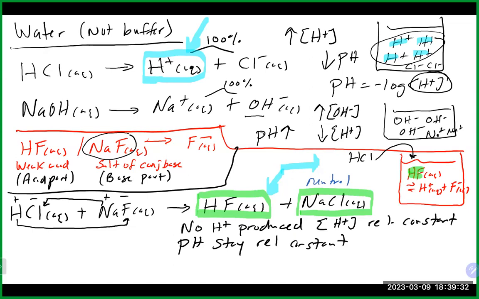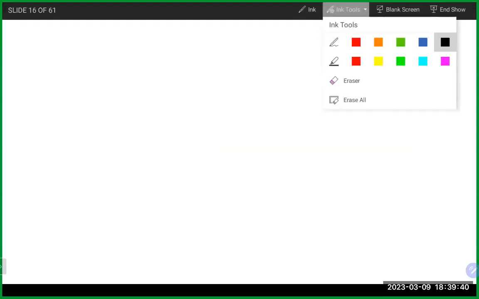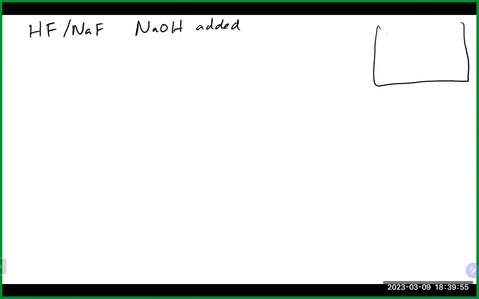So let's take a look at what would happen if we added the sodium hydroxide to the same buffer. So we'll use the same example here. We'll use our same hydrofluoric acid and sodium fluoride buffer. And in this case, we're going to add some sodium hydroxide to it. So we have our same sort of situation here where we have our HF that's set up.